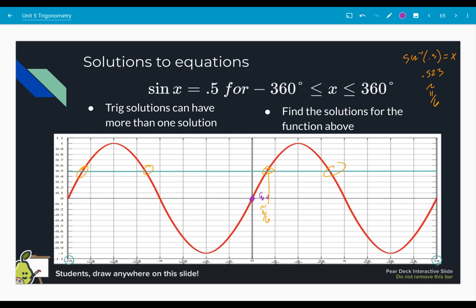Then we look at the next time we cross our midline, which is here, and we go back pi over 6. So in our case, 5 pi over 6 is this point right here. Just like quadratics are symmetrical about their vertex, trig functions are symmetrical about the curve as well.